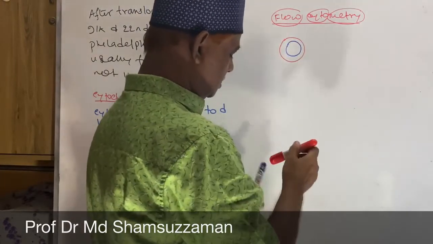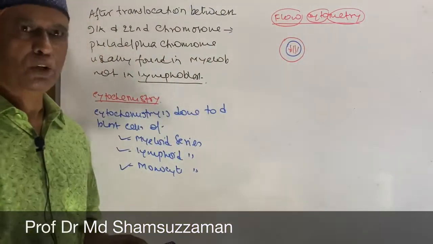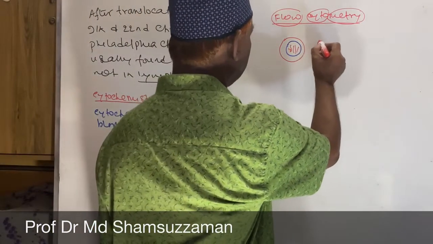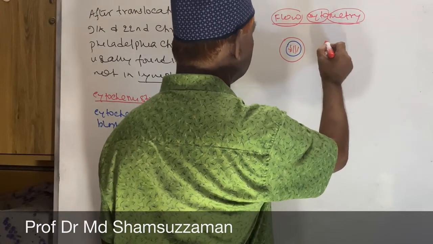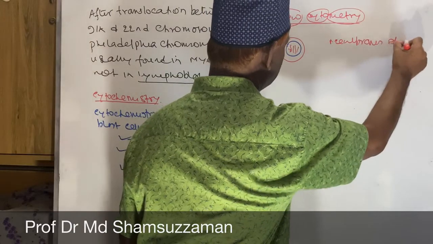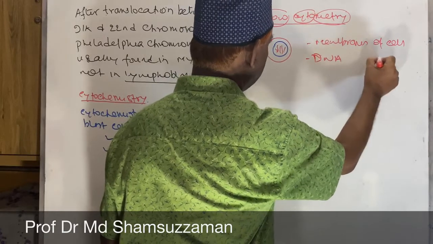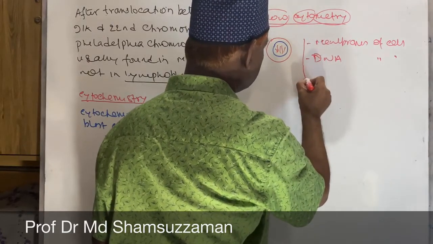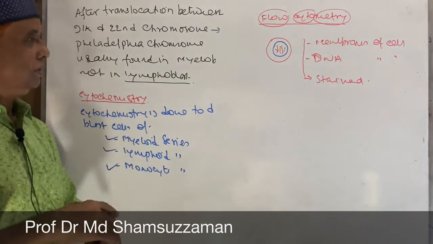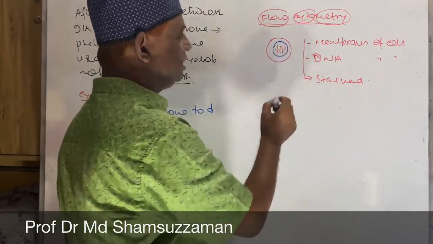If this is chromosome within it, the chromosome is composed of DNA. What is done in flow cytometry? The membranes of cell and the DNA of cell are stained.